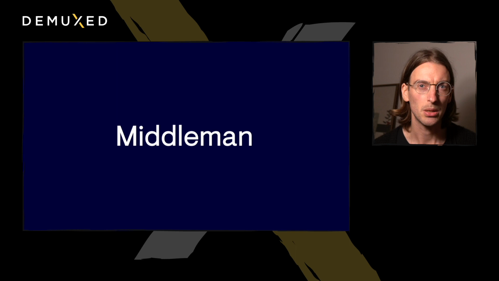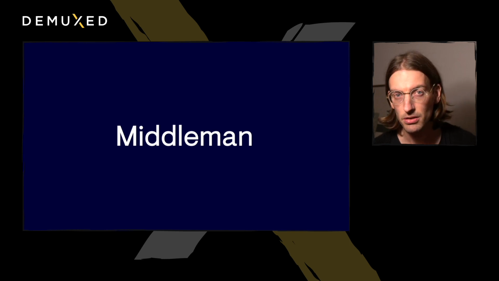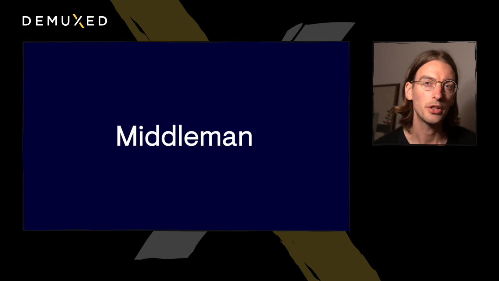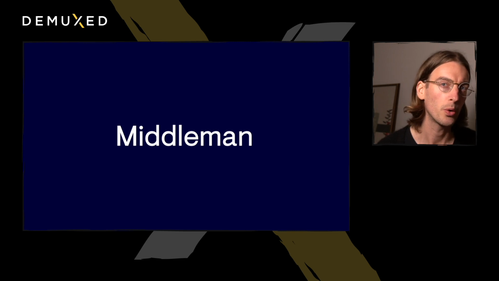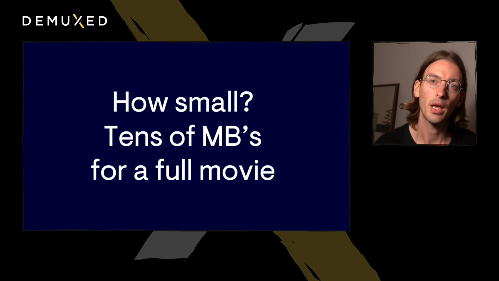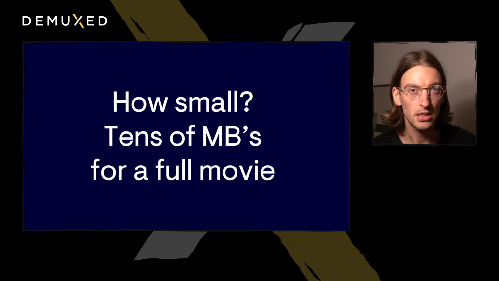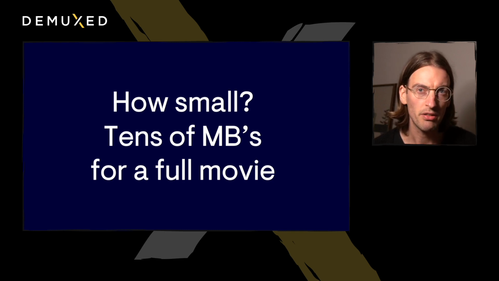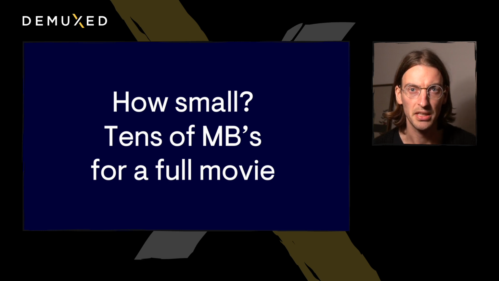And by serving as a middleman, it helps the just-in-time packager cut down on the number of requests that need to go all the way to the remote storage. And one thing to note here is that a dref MP4 is really small. If you look at a movie of several gigabytes, your dref MP4 will probably be tens of megabytes, which is many orders of magnitude smaller.